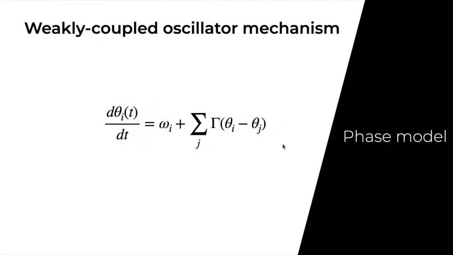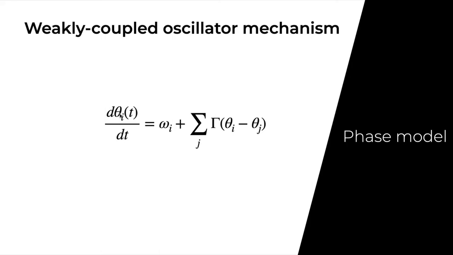Okay, so the phase model, and here it is in its general form, describes complex systems such as, for example, this fast spiking neuron that has many state variables by just one state variable, namely its instantaneous phase theta.